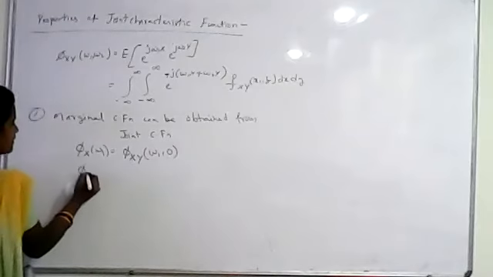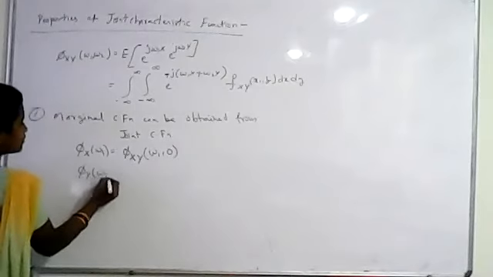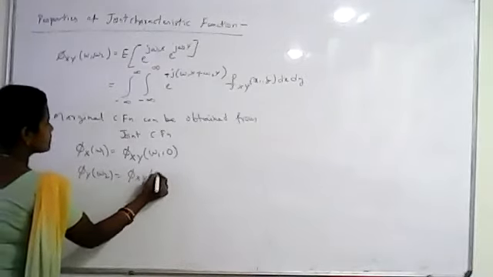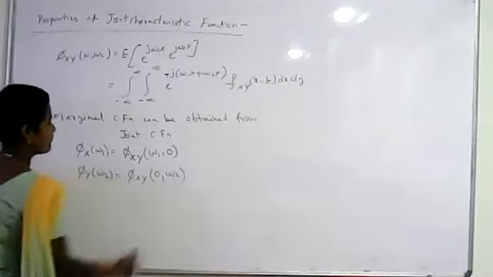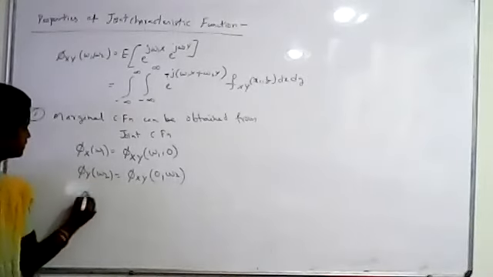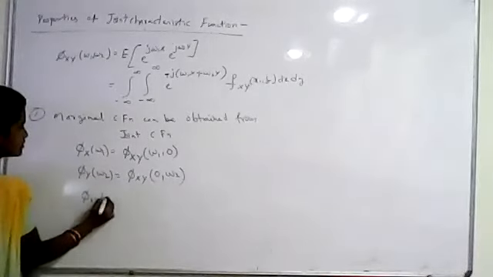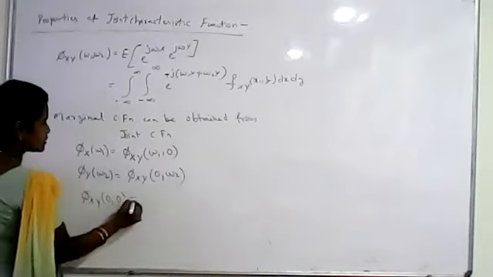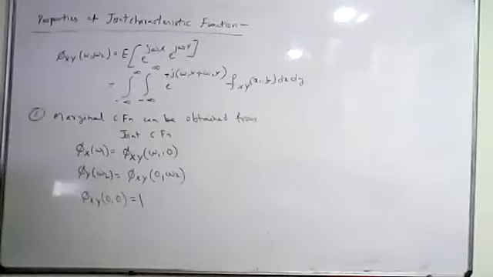Similarly, phi y of omega 2 is equal to phi xy of 0 comma omega 2, and phi xy of 0 comma 0, where omega 1 and omega 2 both are 0, in that case this value will be equal to 1.